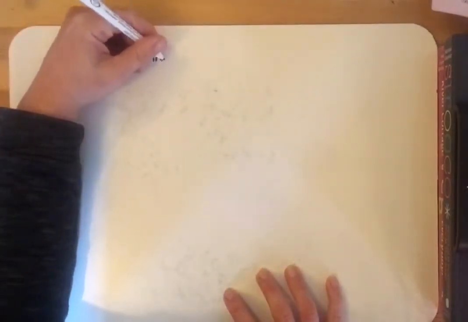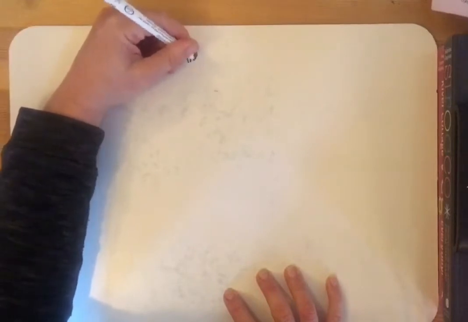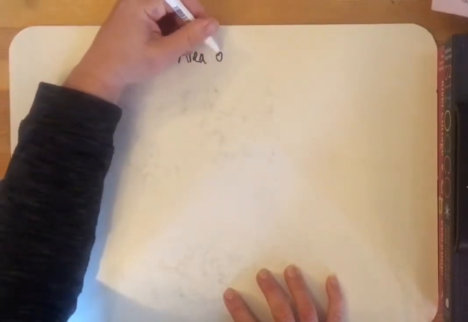Just extending this slightly, again, I think you do this at GCSE, but I might be wrong. So extending the formula for the area of a triangle.